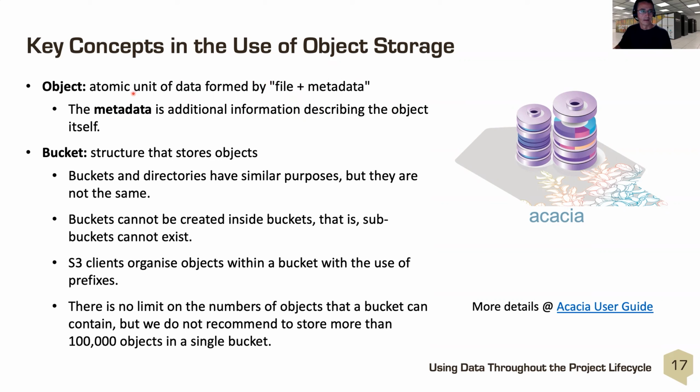It is converted into an object which has your file and some metadata created by default. But those objects are not stored in directories as in a usual file system. Objects are stored in buckets. So bucket is the structure that stores the objects.